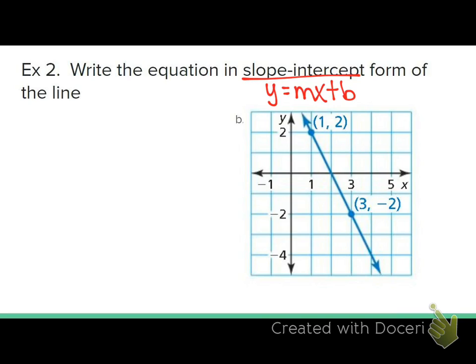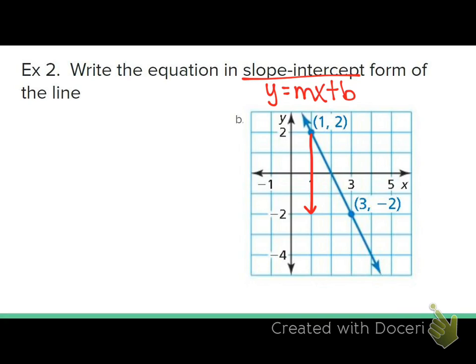Anytime we're trying to write the equation of a line, though, the first thing we should try to identify is what? Just slope. Okay, we just need to know what m is. It's a little bit easier when they give you a graph because you can count your what over what? Rise over run. So my rise is going down how many?